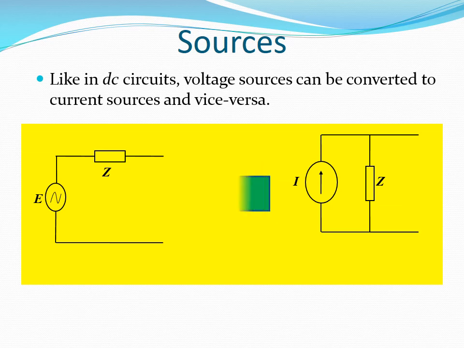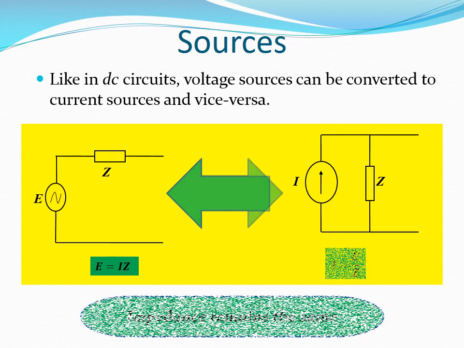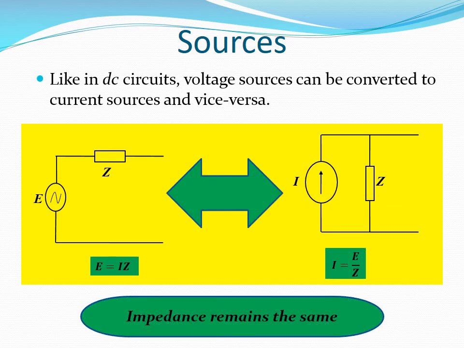To convert an AC current source into a voltage source, the voltage rating is calculated as the current source rating times the source impedance. The impedance remains the same when we convert from one form to the other. It only changes position. In a voltage source, it is connected in series to the source, and in a current source, it is connected in parallel to the source.